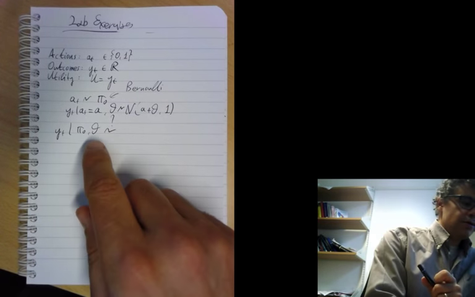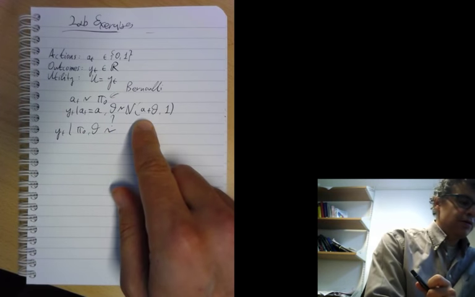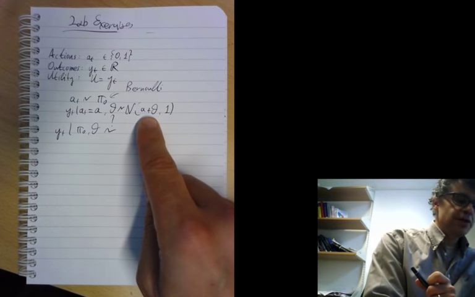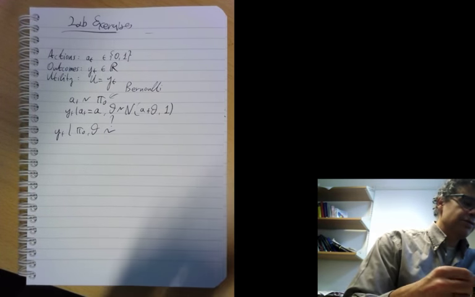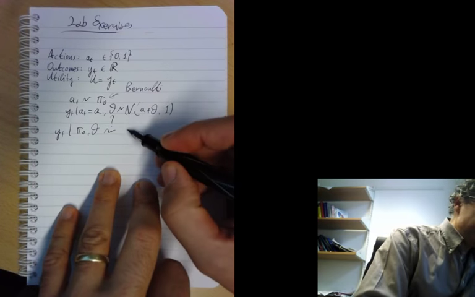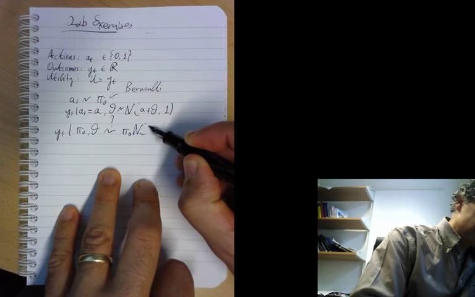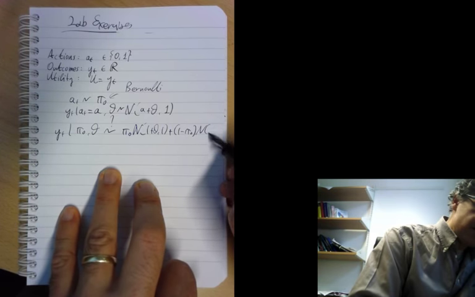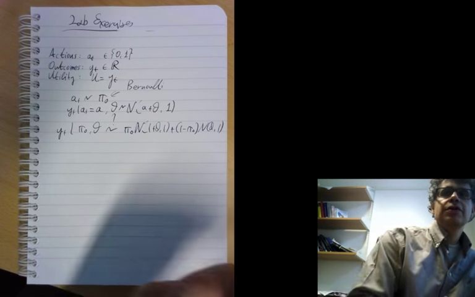Recall that when pi 0 selects action 1, then we sample from theta plus 1, and when pi 0 selects action 0, then we sample from the normal distribution with mean theta, right? So that looks like we are sampling from a mixture of Gaussians. So it's basically going to be pi 0, so that's a standard way of writing a mixture of distributions. Yeah. So let's check it out.